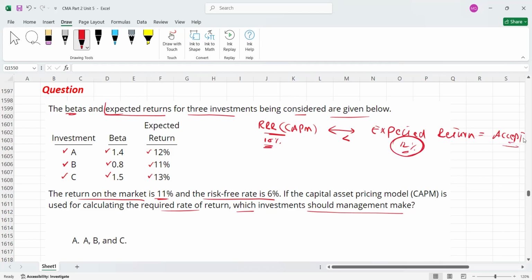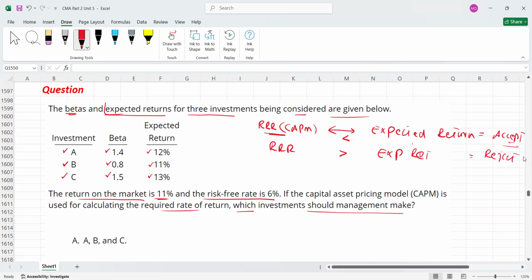In that scenario you should accept. Another scenario: if your required rate of return, which you calculate by using CAPM, is greater than the expected return, in that scenario you should reject that investment. Don't make an investment in that. Understood? So this is what you have to do.